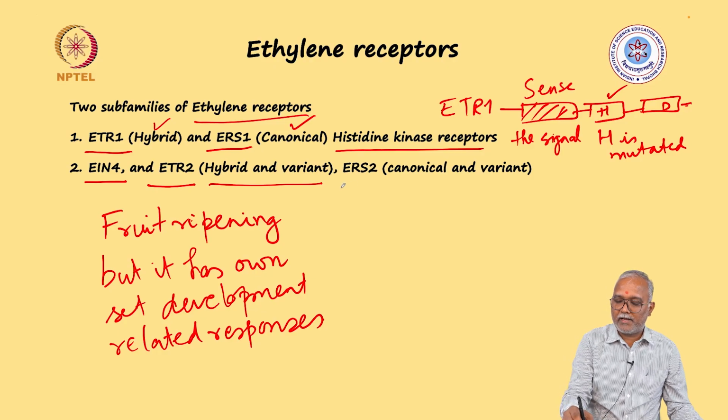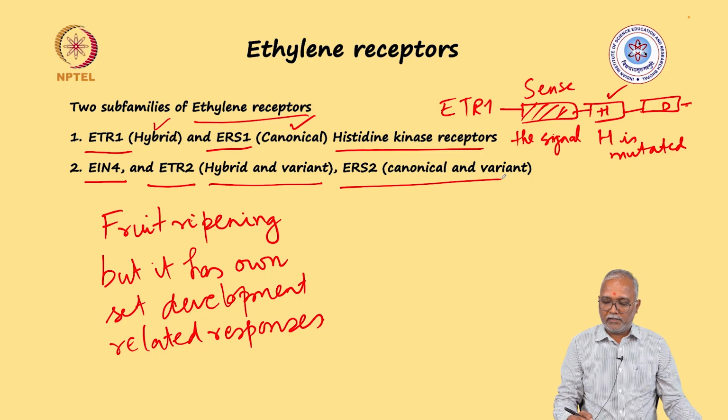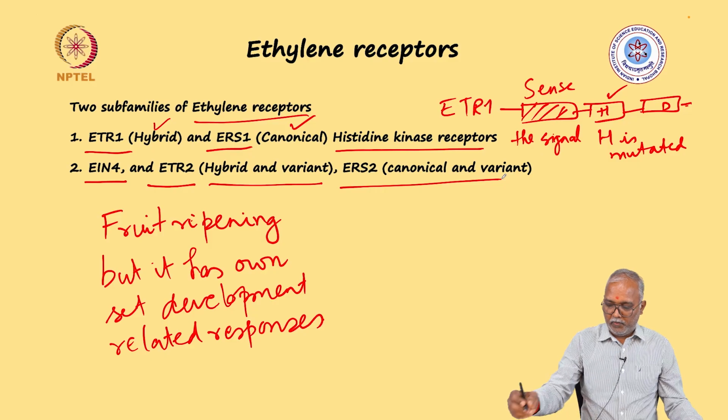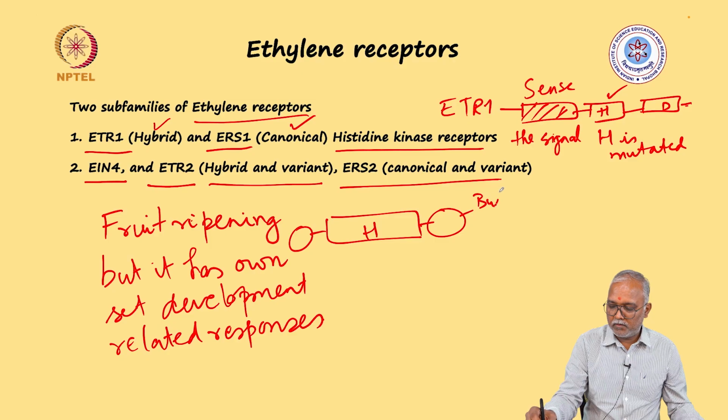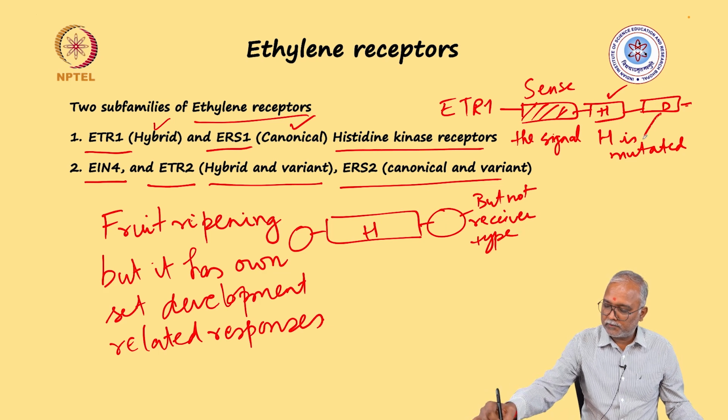And then you have ERS2, which is canonical type and variant type, which means that you will have only the histidine domain prominently. There is an additional domain but not receiver type, because this is your receiver type domain.